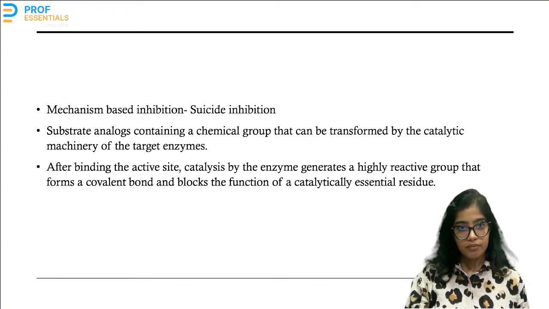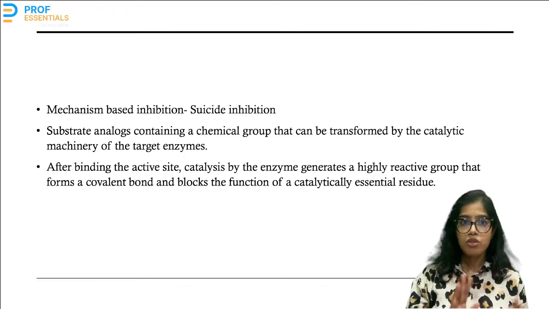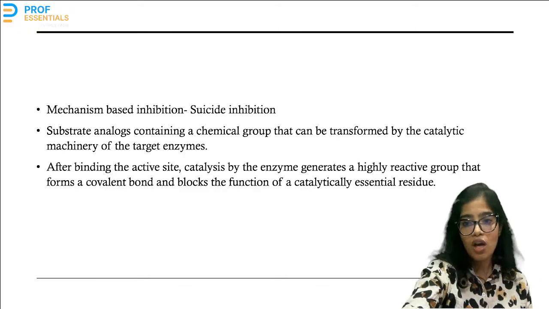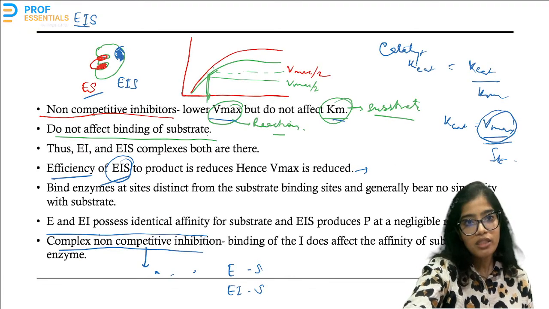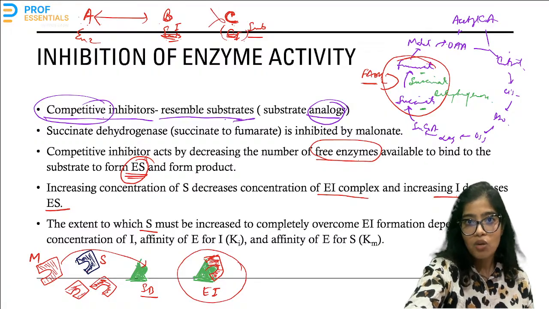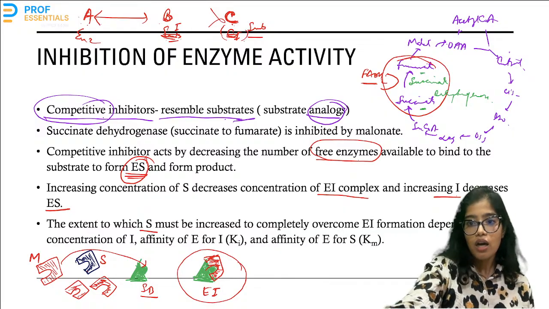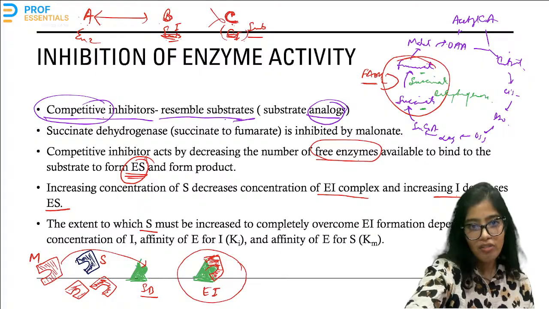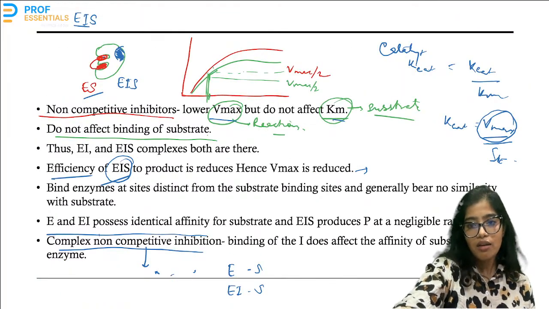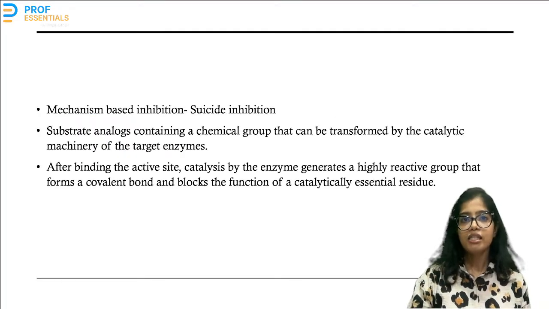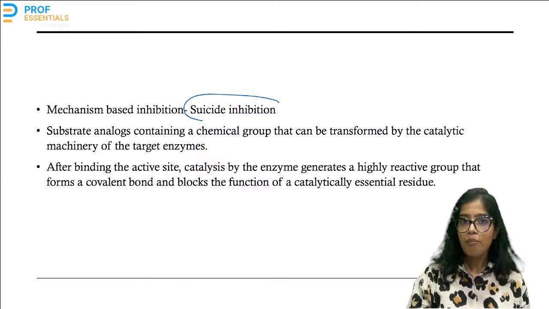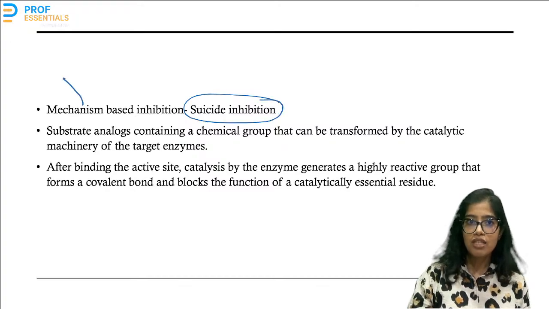Now there can be two types of inhibitions. One was, we saw how competitive and non-competitive inhibitors are substrate analogs, and they affect the rate of the reaction. Now we have mechanism-based inhibition, which is also called suicide inhibition. Here, there were 4 mechanisms of enzyme action.